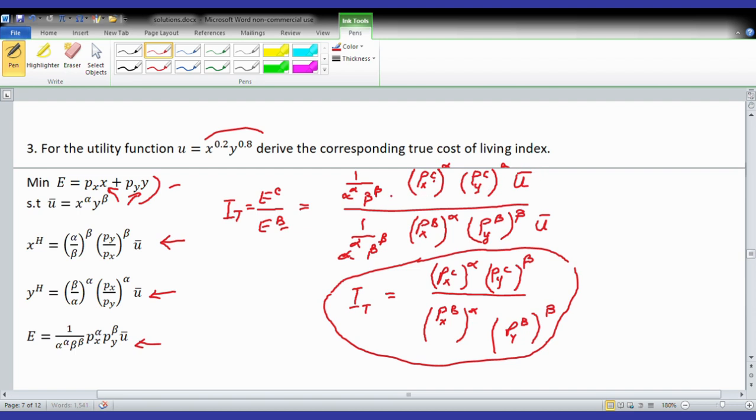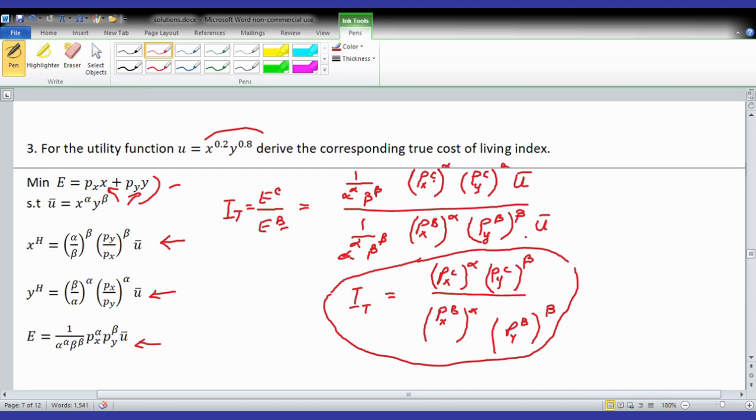So I have 1 over alpha raised to the power alpha, beta raised to the power beta, times px c, the current price of x raised to the power alpha, the current price of y raised to the power beta, and base year utility, divided by 1 over alpha raised to the power alpha, beta raised to the power beta, px base year price raised to the power alpha, base year price of y raised to the power beta, and base year utility.